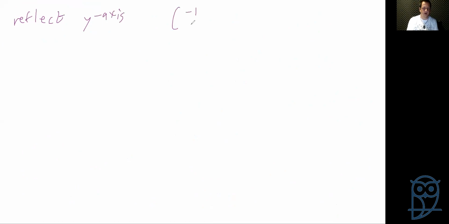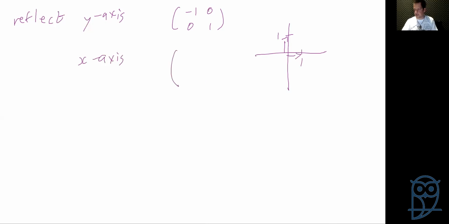That was -1, 0, 0, 1. Remember, there's my one vector, there's my other vector. If I reflect about the x-axis, which is this way, this vector is not going to change. So that one is going to stay the same. So that's still going to go to 1. But this one is going to change now down to -1.